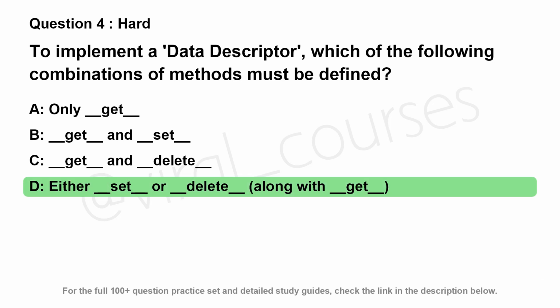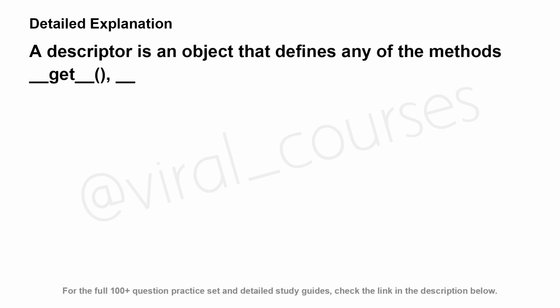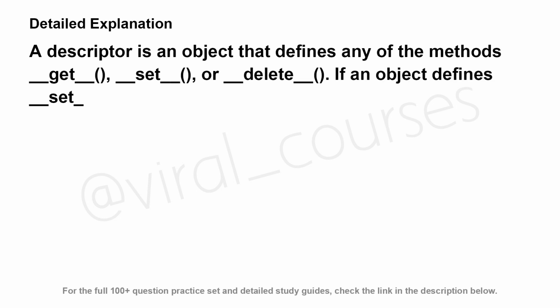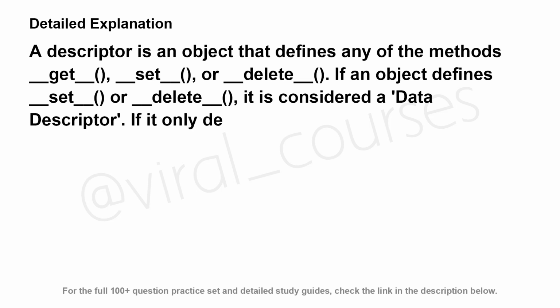The correct answer is D. A descriptor is an object that defines any of the methods __get__, __set__, or __delete__. If an object defines __set__ or __delete__, it is considered a data descriptor.